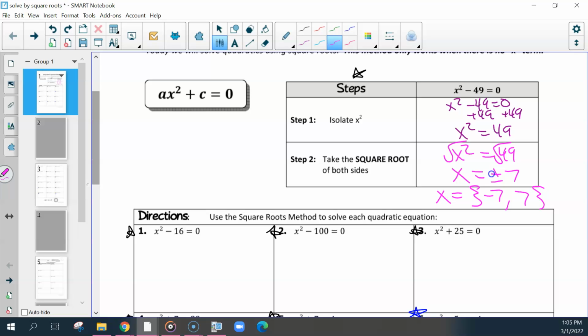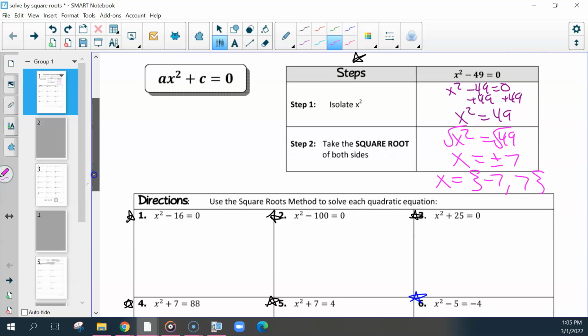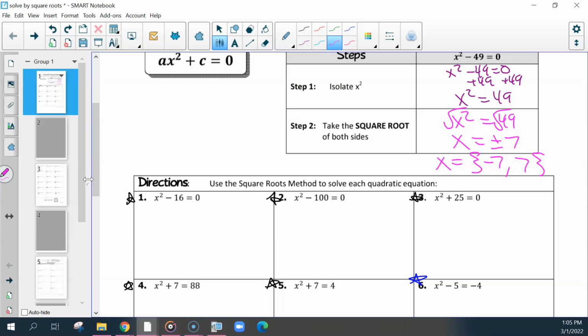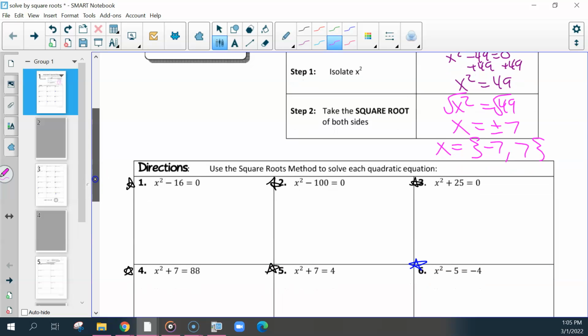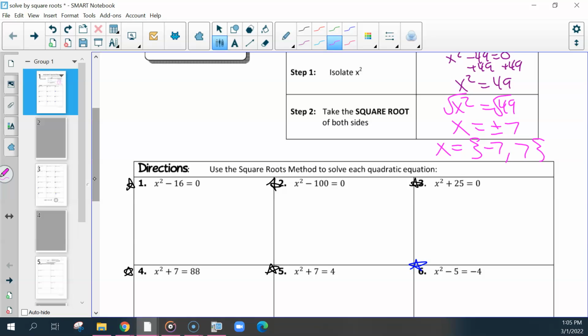Before we continue, what questions do we have on that? We are going to do some more together, starting with number 1. Same process: do plus 16 on both sides.